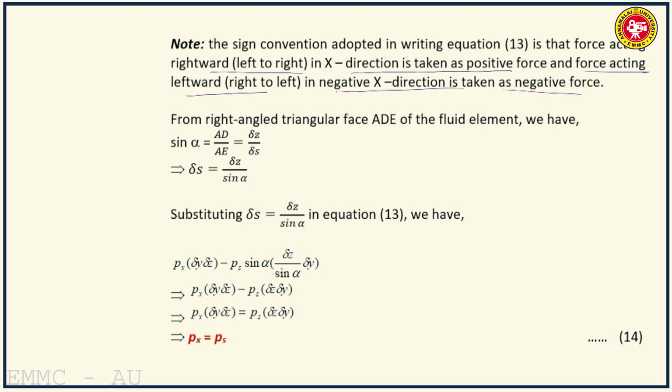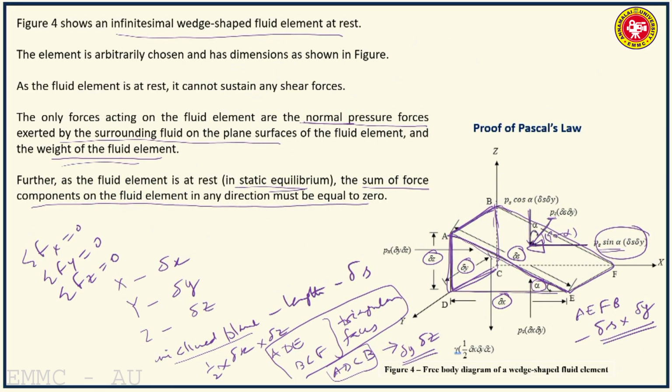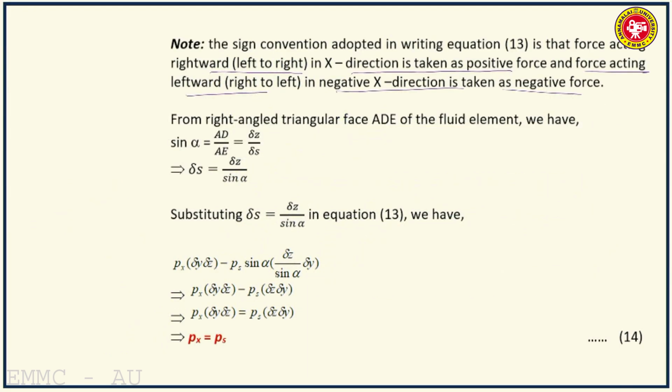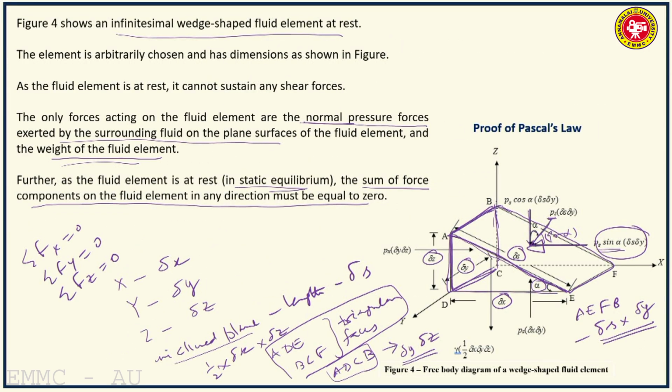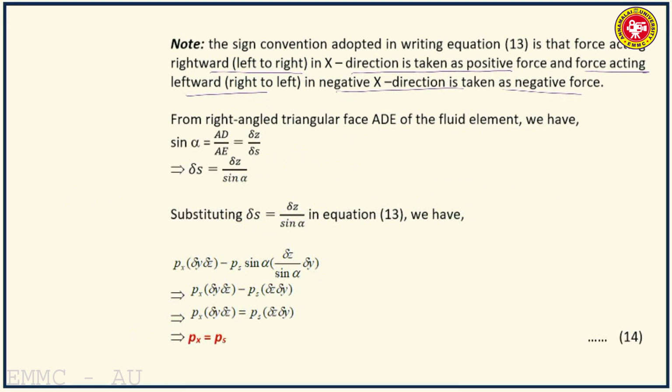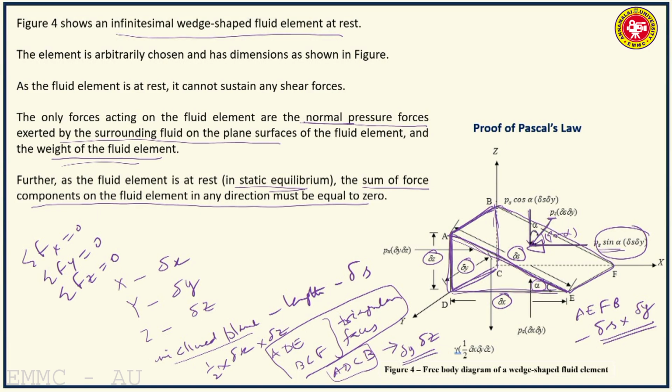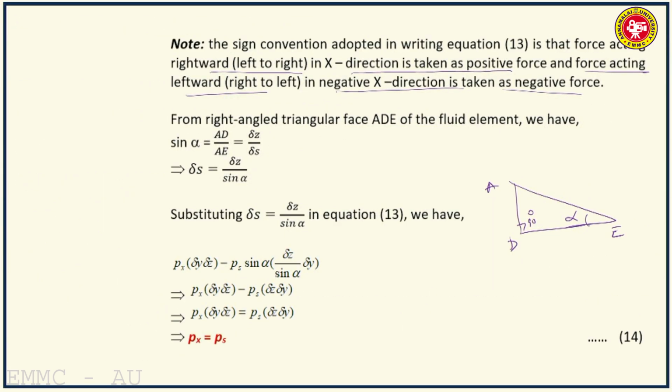Then from the right angle triangular phase ADE, this is delta x, this is delta Z. So what is sin alpha from this?